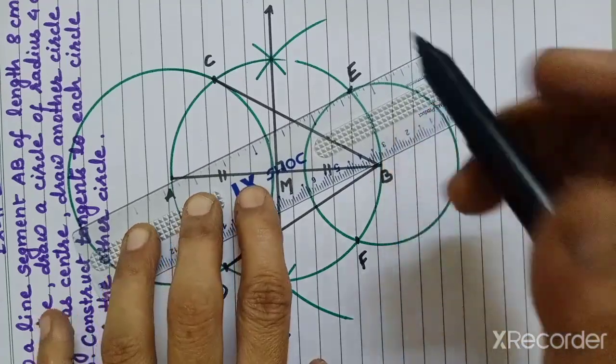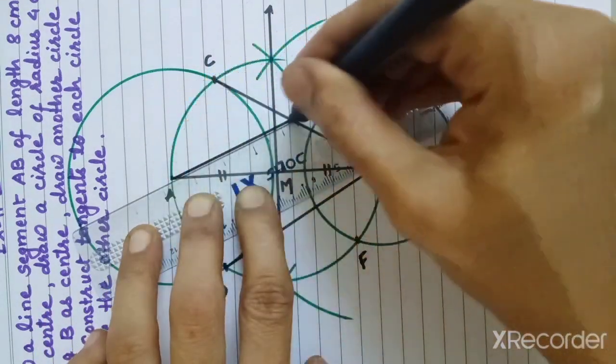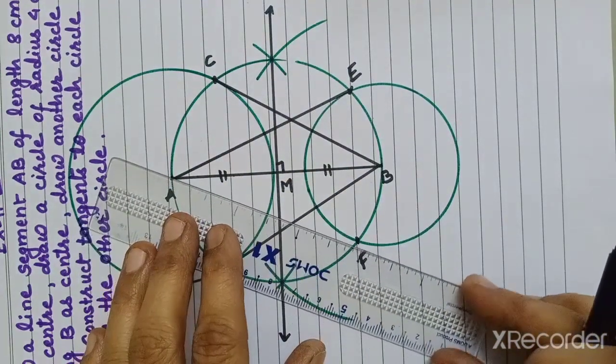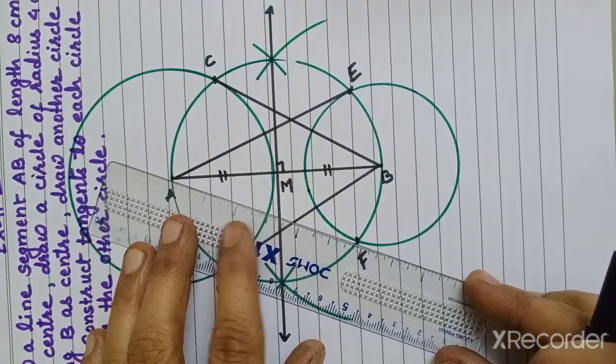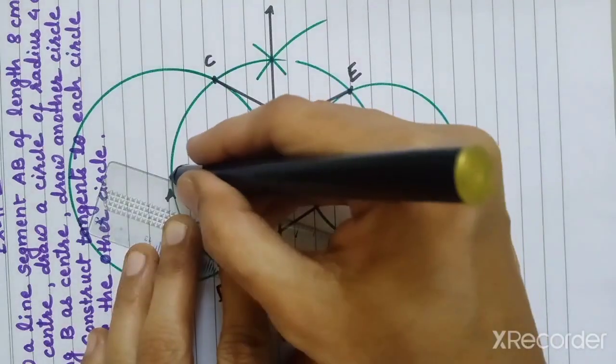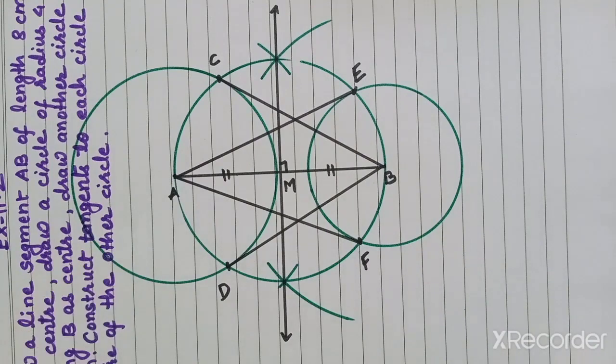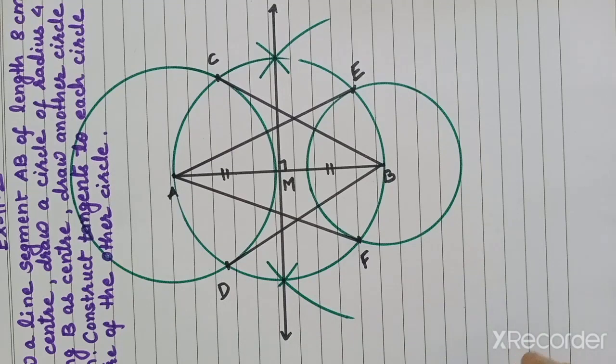These are tangents to the other circle with center B. So in this way we have drawn tangents to both the circles from the center of the other circle.